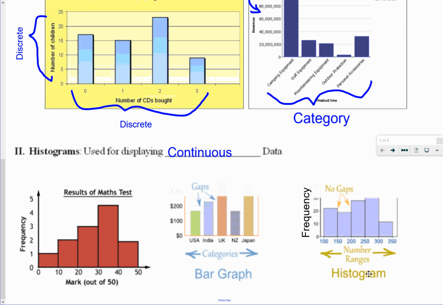This is what we call a histogram. And what we're saying is all the numbers between 0 and 150, all the times we get a number between 0 and 150, we count all those and we use that height as a representation of our solution. Okay.